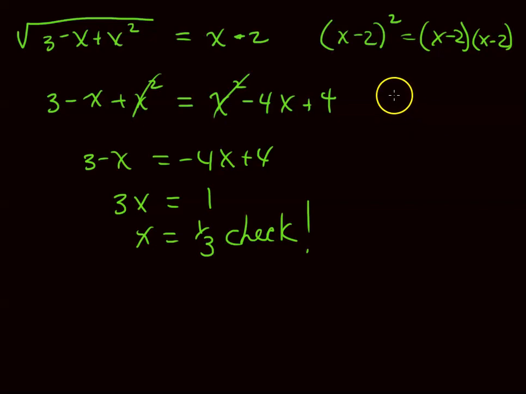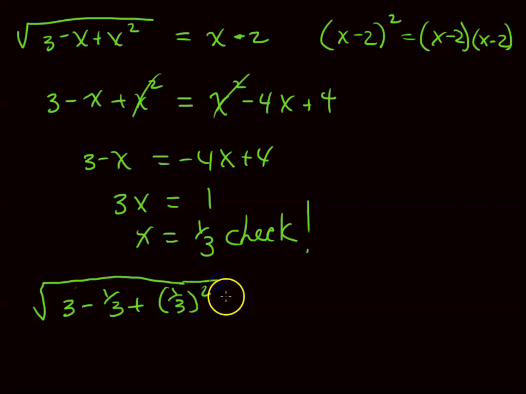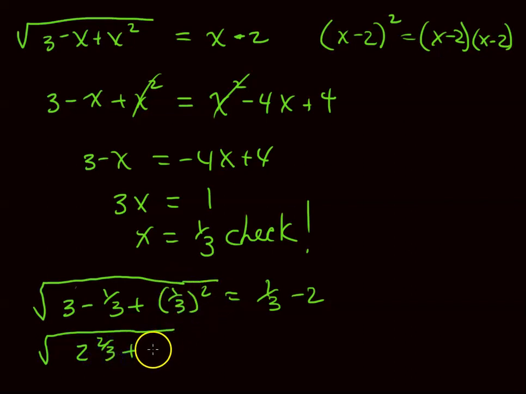So check it. We've got the square root of 3 minus 1/3 plus 1/3 squared. Does that equal 1/3 minus 2? Let's see. This 3 minus 1/3 is really 2 2/3, plus 1/3 squared is really 1/9.